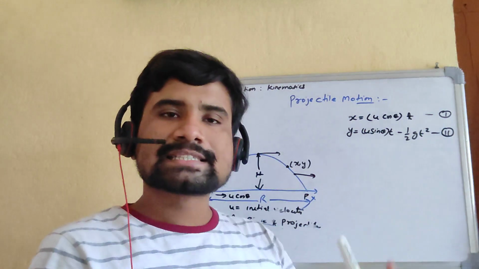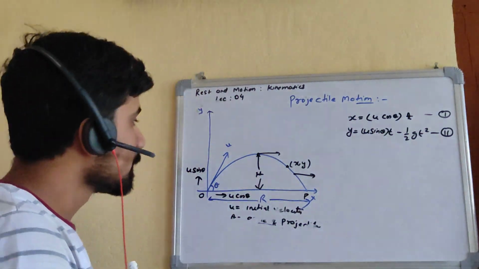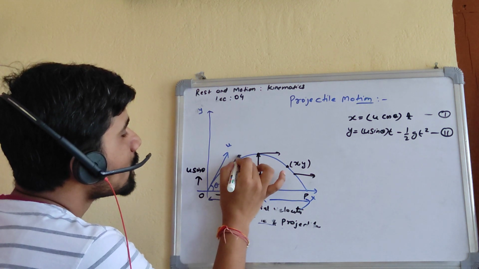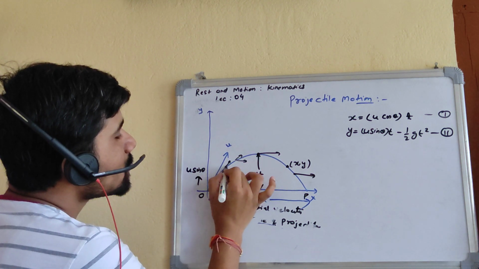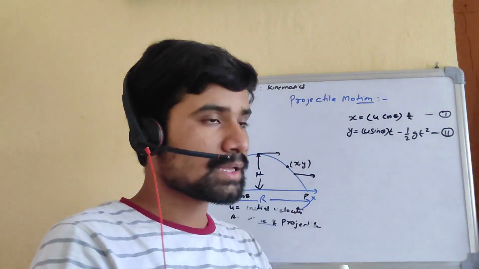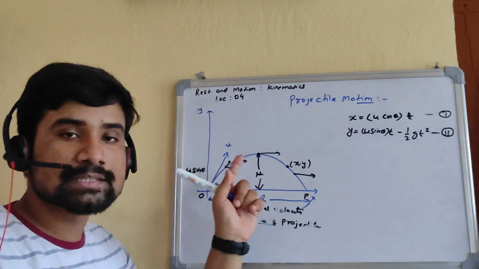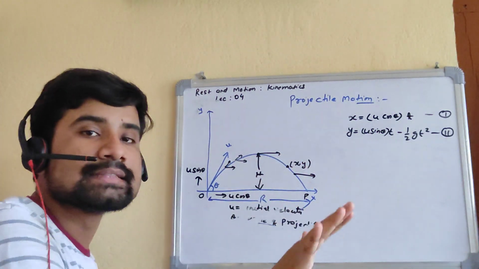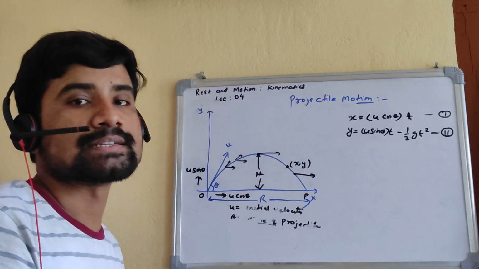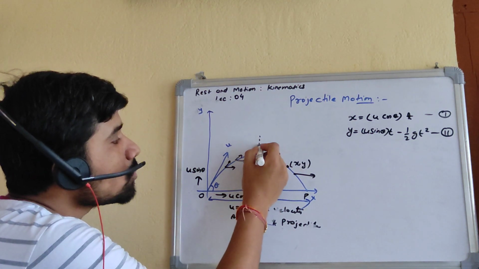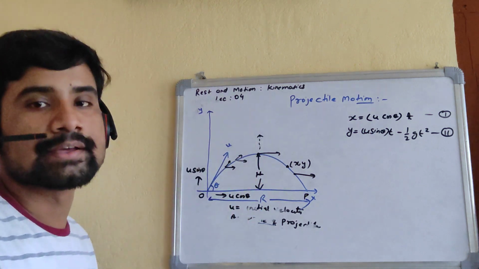At the point of maximum height, you see the projectile is going like this. Every time it has velocities along x and y, and this is how this trajectory is made. But at the point of maximum height, it touches a maximum height, there is no velocity along y direction. At this max point, there is no component of velocity along y.